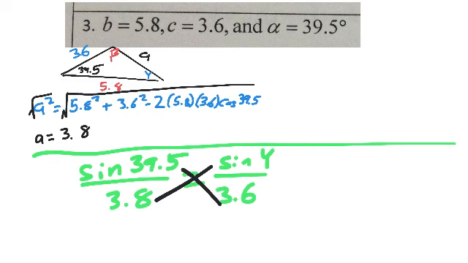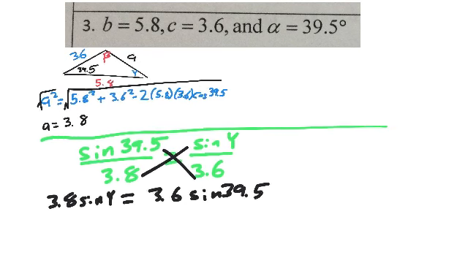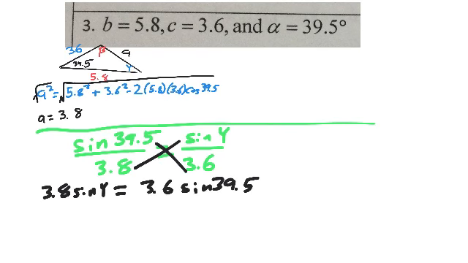Cross multiply. So I get 3.8 sine gamma equals 3.6 sine of 39.5. And now to solve that, I'm going to divide by 3.8 and then take an inverse sine.